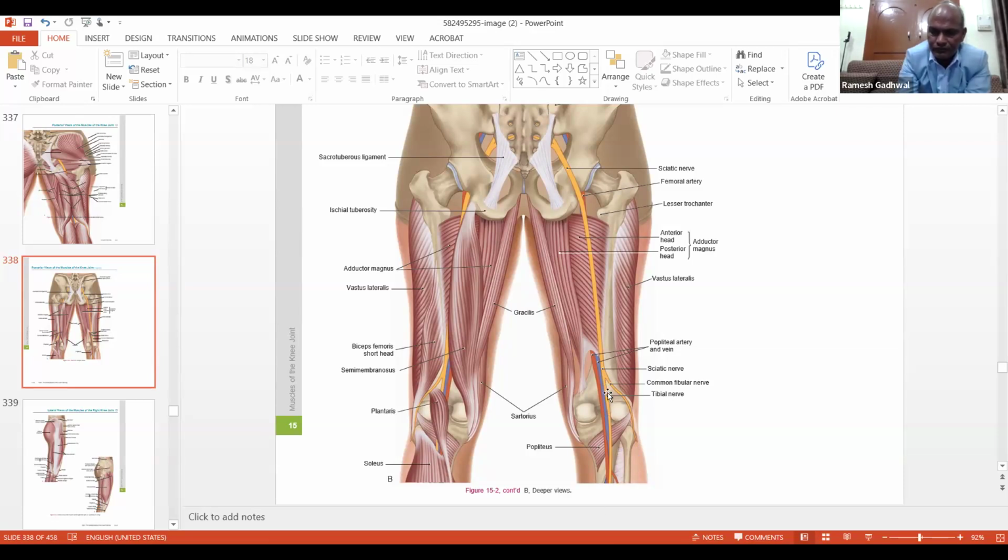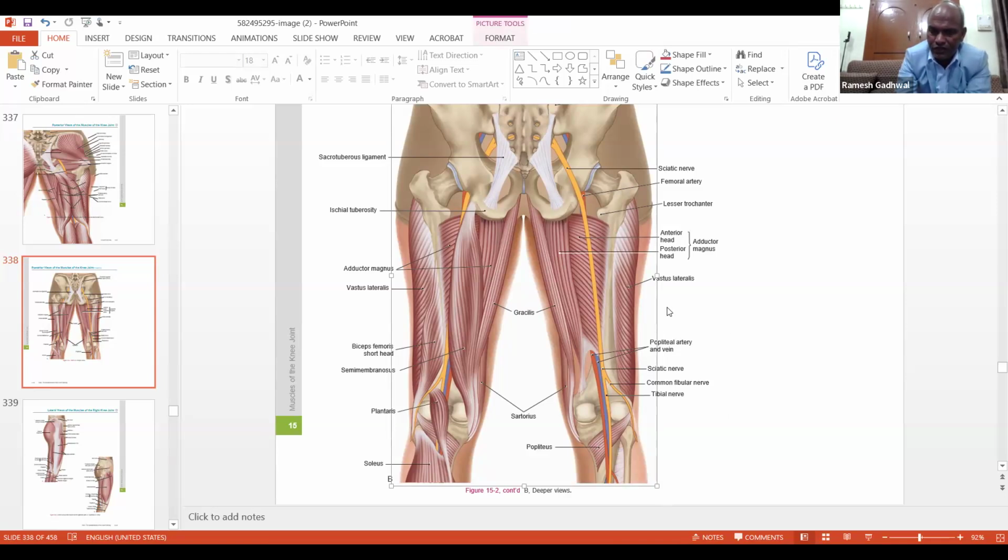Another part is called the tibial nerve. That is going between two muscles, tibialis anterior and tibialis posterior, below the knee.